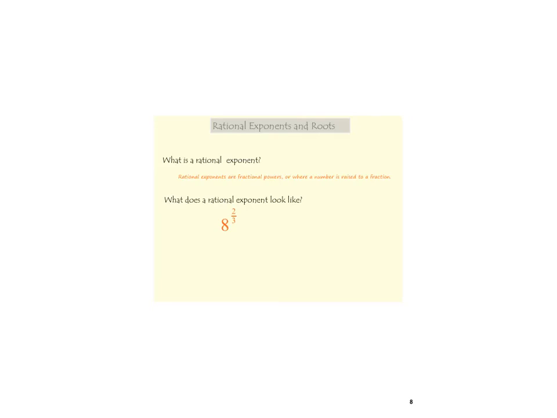So rational exponents are just the idea that we have a fractional power. So a rational exponent is the idea of being 2/3. When we write this in a little more common method here, that would look like this.